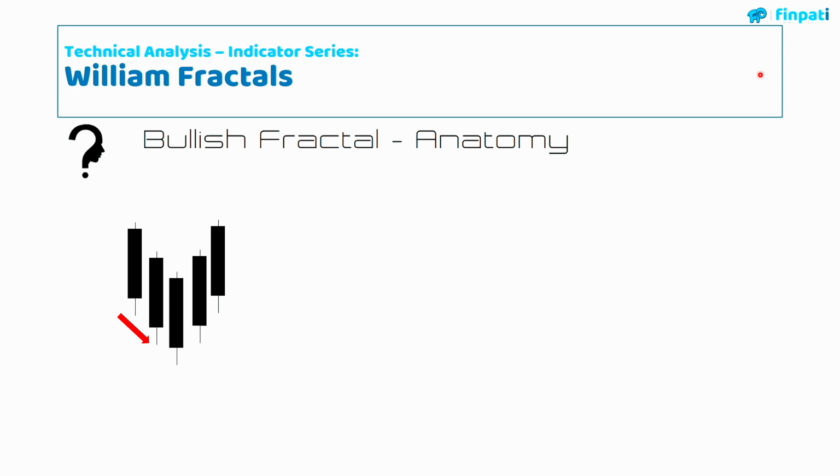The strong selling pressure has been countered by a buyer who is sitting at this area. So the low of the middle candle will continue to be considered as a very strong support. The low of the middle candle, which is the 3rd candle here, will remain as the low of the total pack of the 5 candles, and that continues to be called a bullish fractal.